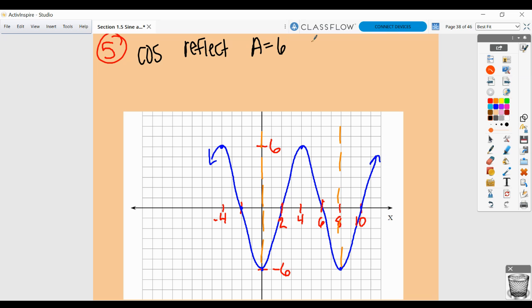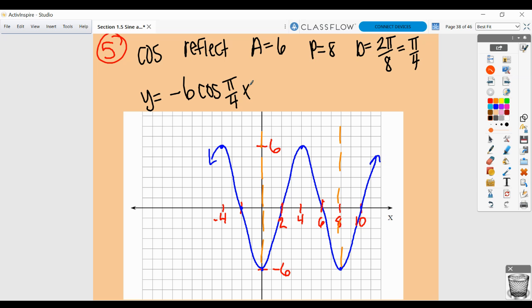And then the period is 8. So the b is 2 pi divided by 8, which is pi over 4. So you should have y equals negative, because we're reflecting. 6 is the amplitude. Cosine is the function. Pi over 4 is the b.